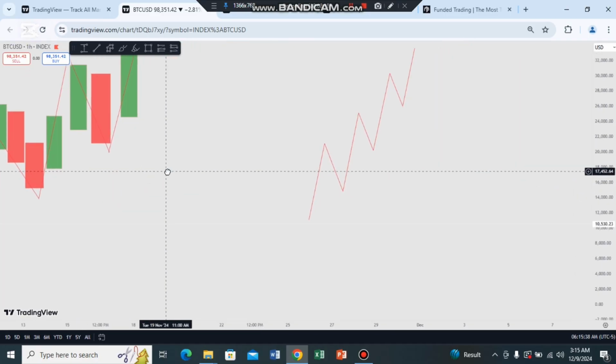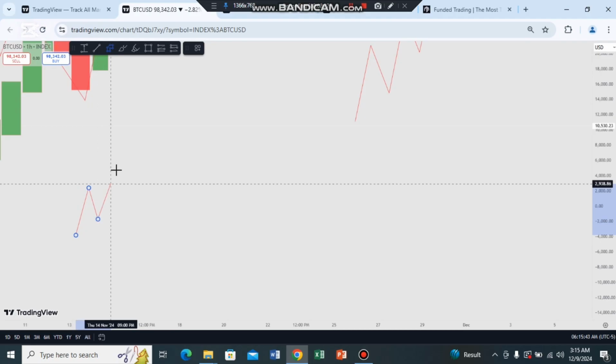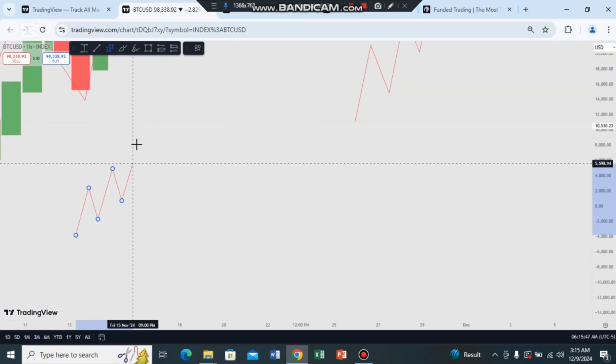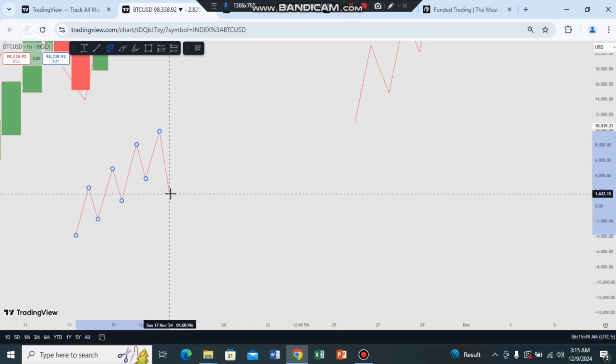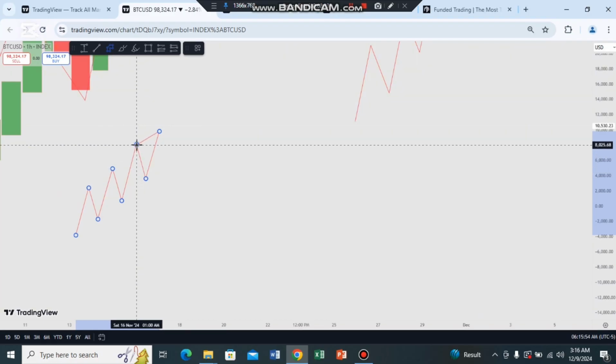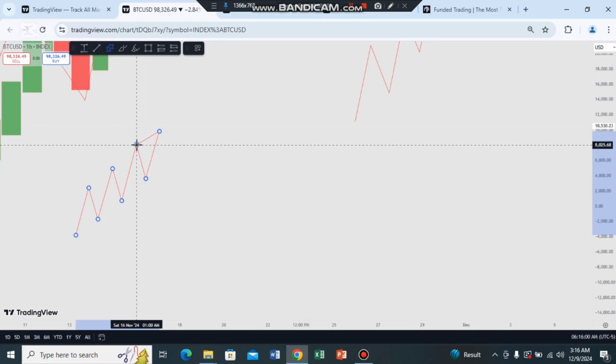Now at some points the price goes up like this, okay? It makes higher highs, higher lows, and then the price makes a lower low, and it sweeps the last low which was made before sweeping the high. You can see in this case it swept the last low that was made before sweeping this high.